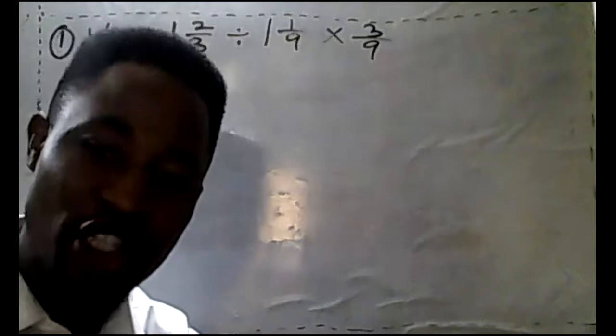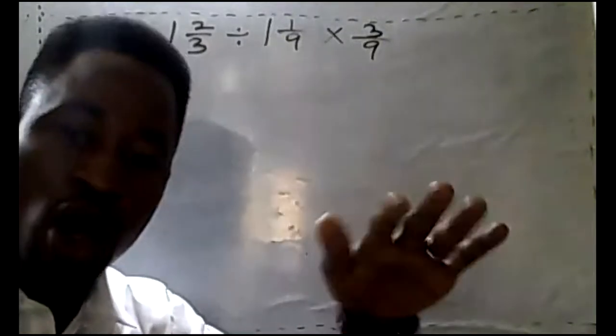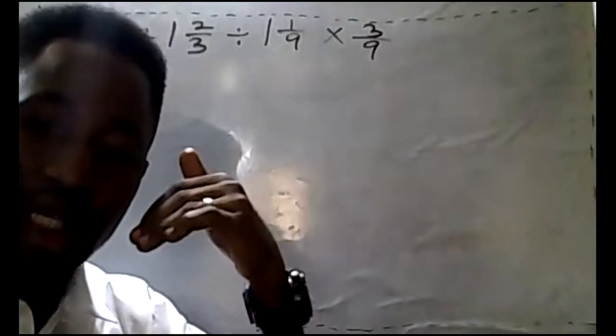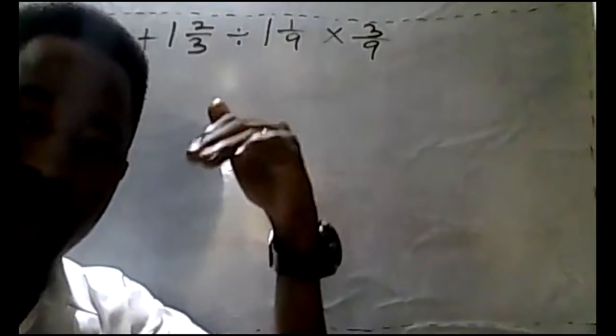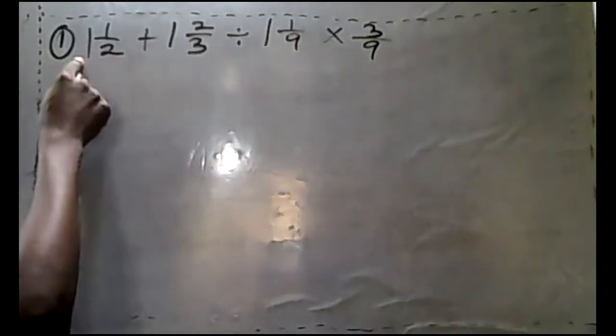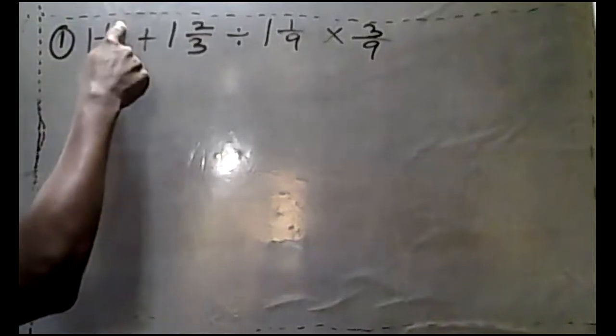An improper fraction is a fraction that has its numerator greater than the denominator. That means the number on top is greater than the number below. So we're going to change this one to improper fraction. How? Denominator times whole number, answer plus numerator.